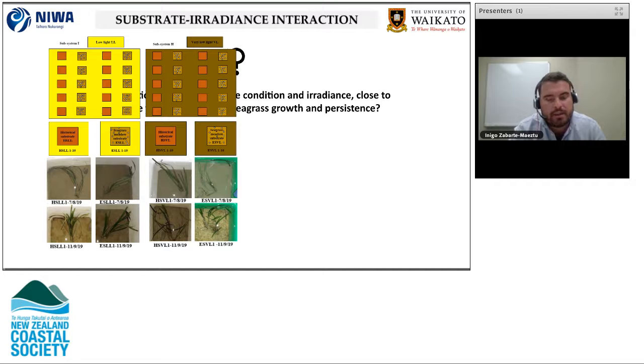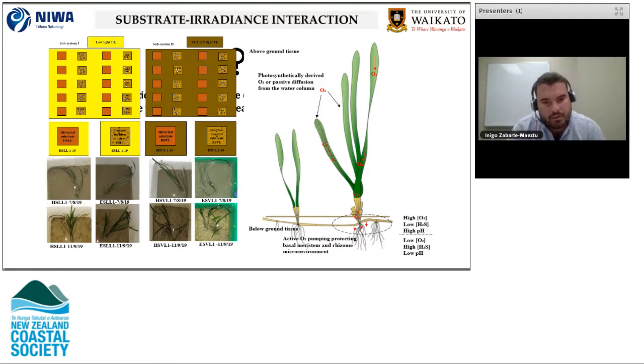We used two different substrates under those light treatments: the existing seagrass substrate, a healthy substrate, and the historical seagrass substrate, which has been modified through time and is deteriorated. The main hypothesis was that seagrass wasn't able to actively pump oxygen through the historical seagrass substrate in order to deal with phytotoxins such as sulfide.